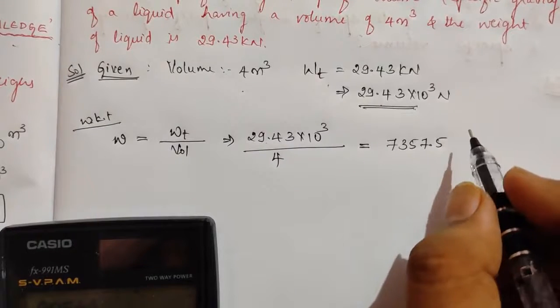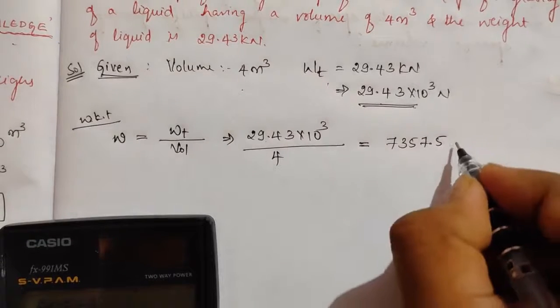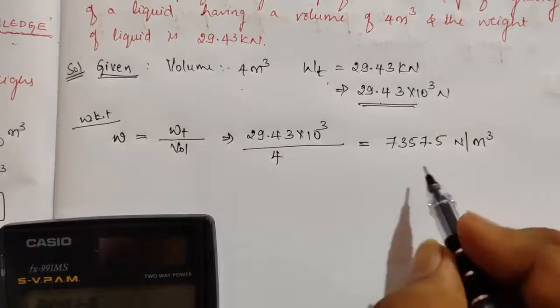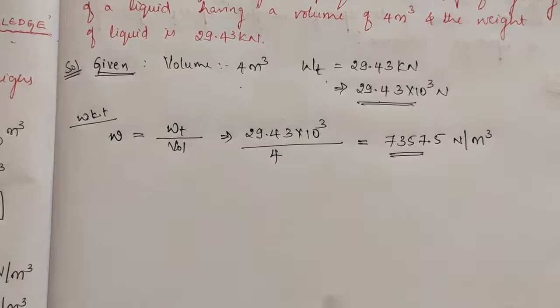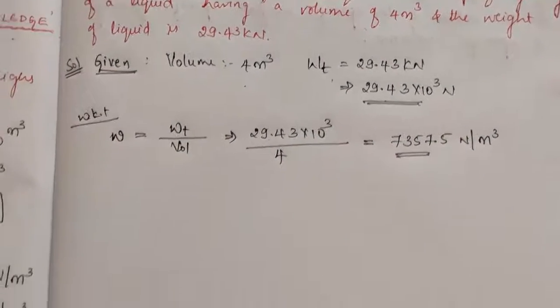What is the unit of specific weight? It is nothing but Newton per meter cube. Okay, this was about specific weight. Then what have they asked? They have asked specific volume and also gravity.